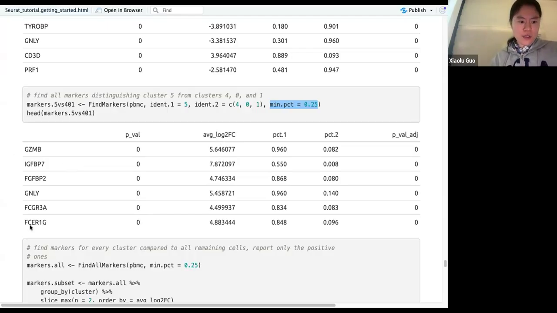Here we listed the genes, and we can see the average log2 fold change is all positive. For example, here the log2 is 5. So what's the real fold change difference if not taking log2?